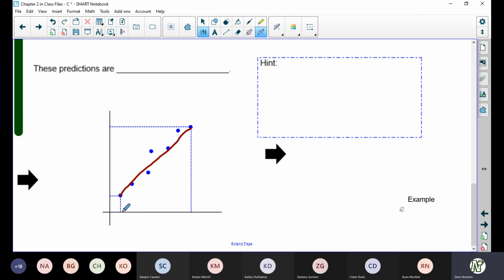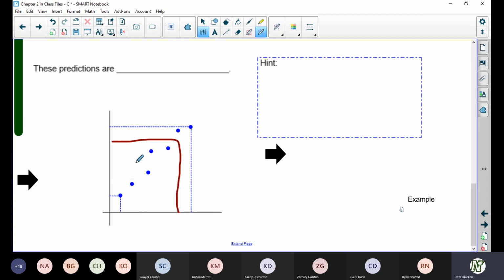If you were to estimate anywhere inside of these dots, anywhere in here or anywhere in here, you're estimating inside your dots because you've got dots on both sides. Do you see if I were to go right here and go up and I go over, do you see how I have dots on both sides of that estimation? Do you see if I go up over here and estimate, do you see how I have dots on both sides of that estimation?